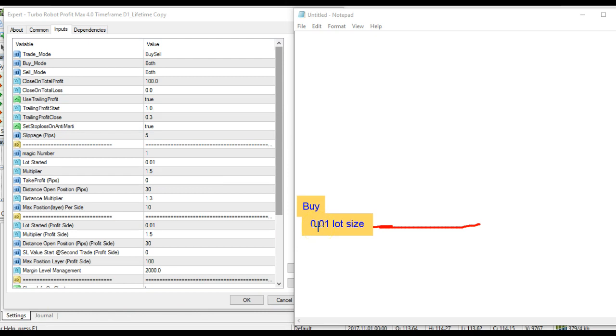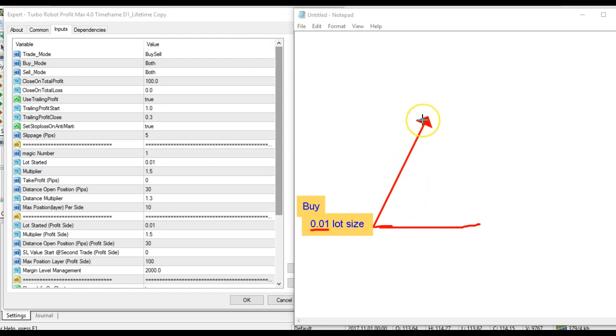Either you are on a buy trade or a sell trade, it doesn't matter, it depends on what type of trade you are on. Let's say you are on a buy trade, and the starting lot size is 0.01. The market is shooting up, so you are earning. So what is your setting here?